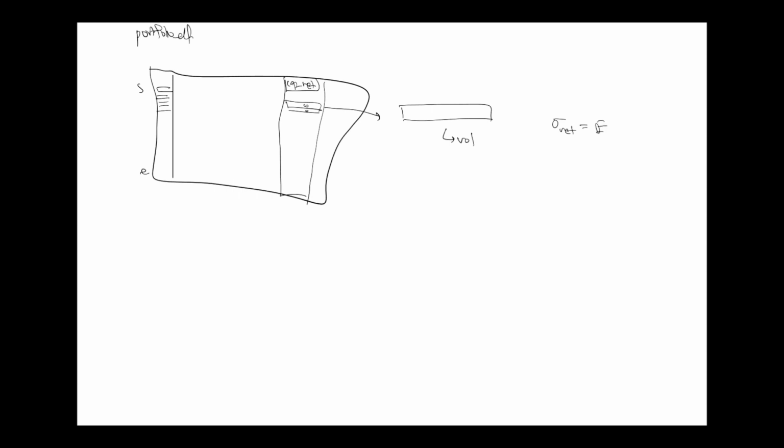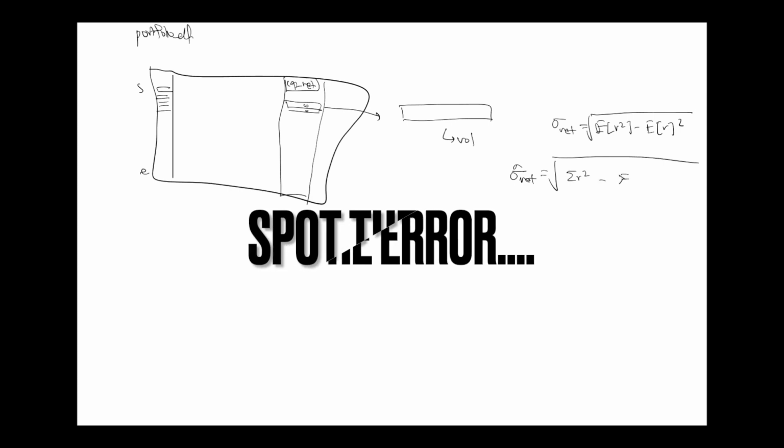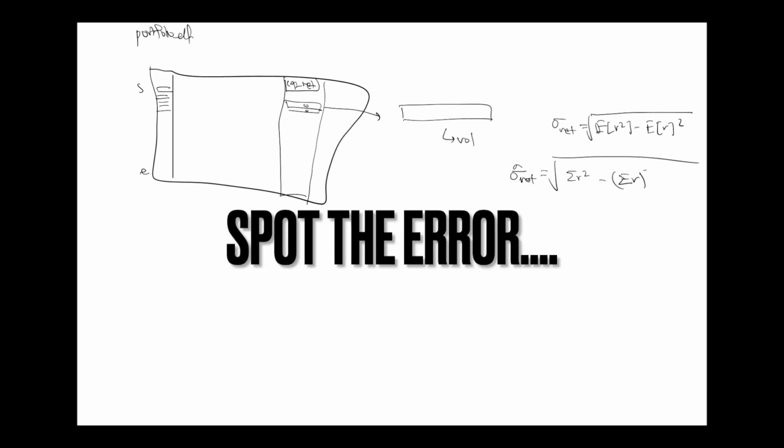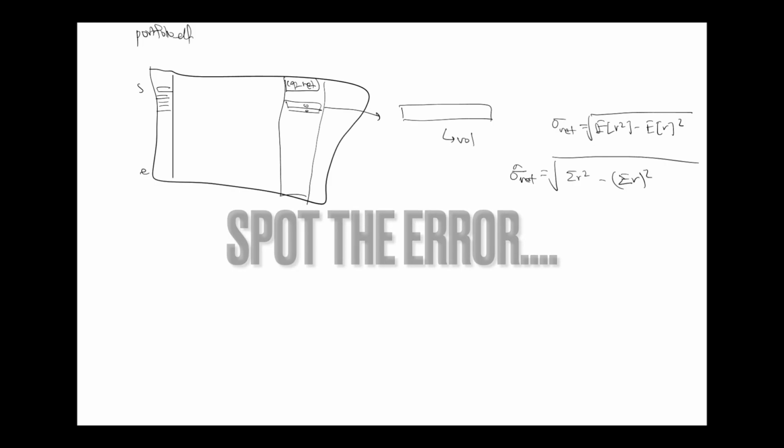Mathematically speaking, this is the mathematical standard deviation, but because we have a sample, our estimate of the volatility will be taken like this. So something like that. Very nice. So this is our volatility estimate.